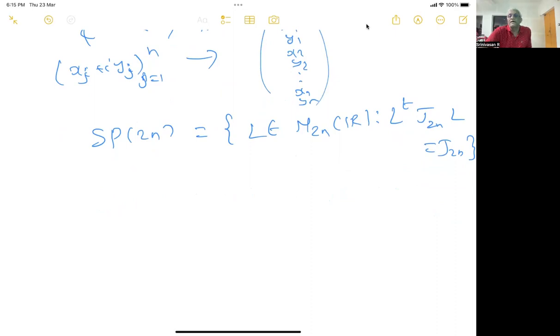So this is all the symplectic group. Now we make the definition.